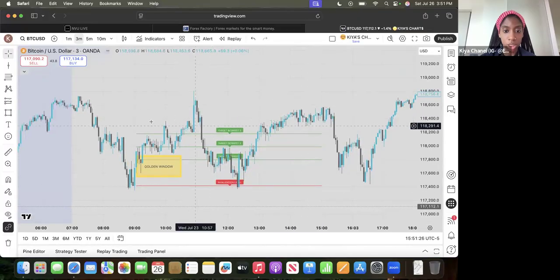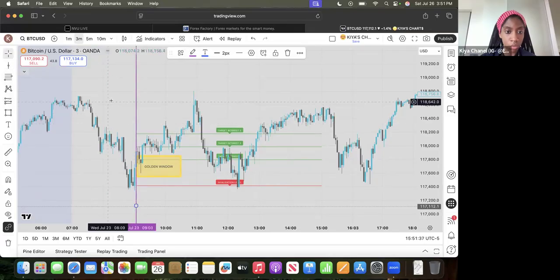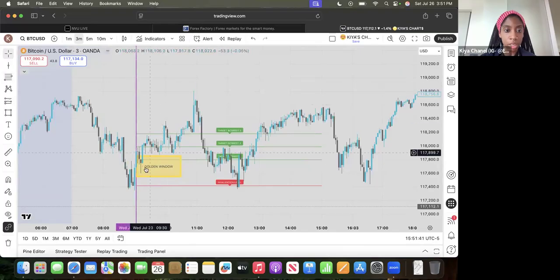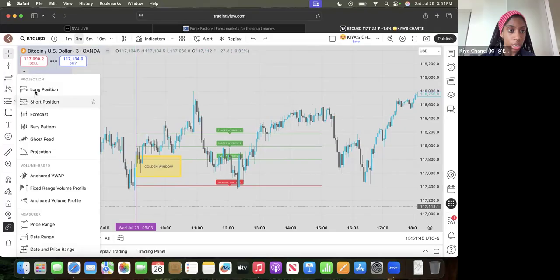Okay. So it didn't do bad. Once this candle closed at the golden window, which is this purple line, you could have got in for a buy since the scanner called it out.